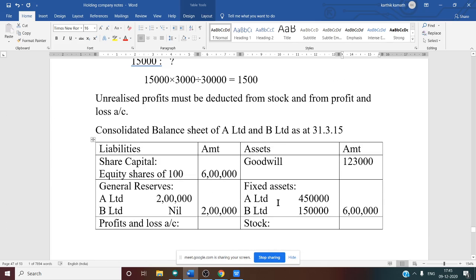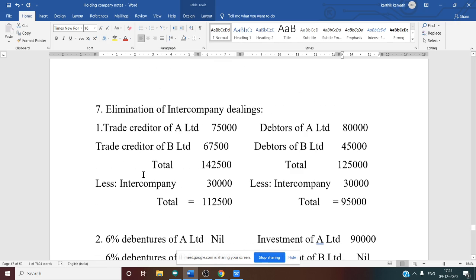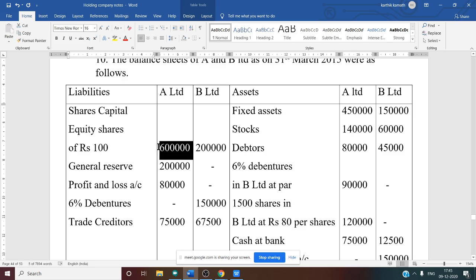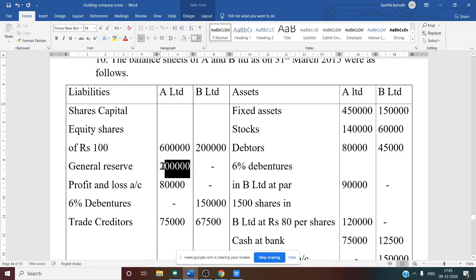Now we have to see the liability side information. Once again we have to see the question. There is equity share, and that of A Limited we have to take, that's the holding company. B Limited already set off. General reserve of only one company is given, so directly you can take this information.